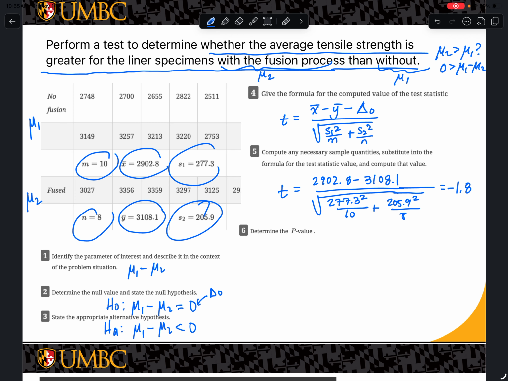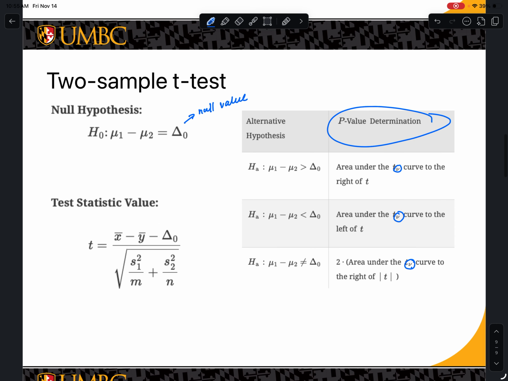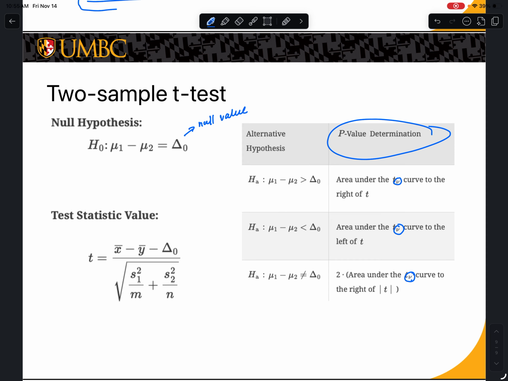So we now have to find the area. We have to determine the p-value. Looking at the alternative hypothesis, it has a less than in it. So looking back at how I do my p-value determination, this is the part I want.